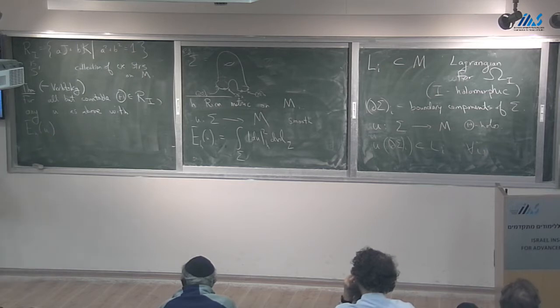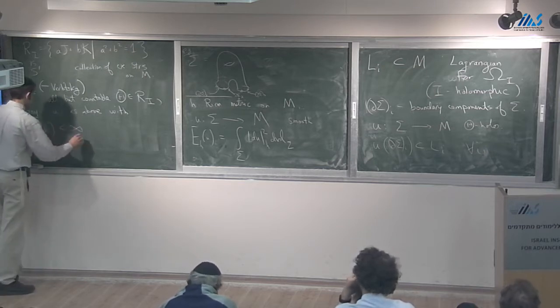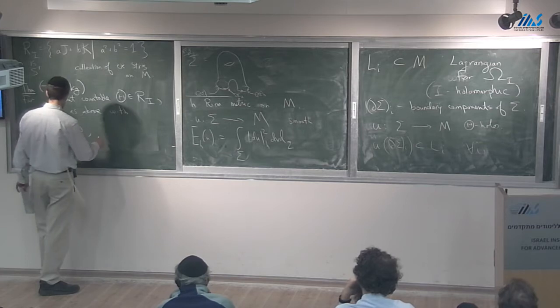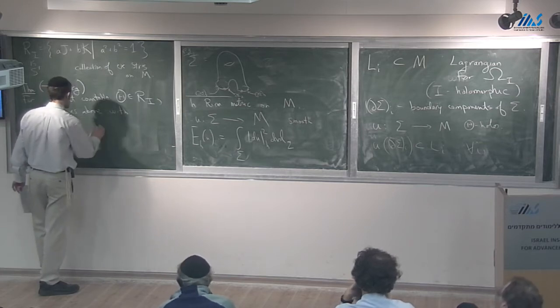Sort of in all stories having to do with J-holomorphic curves, you want to look at finite energy curves. So if you look at all U which have finite energy and satisfy such boundary conditions, it must be constant.